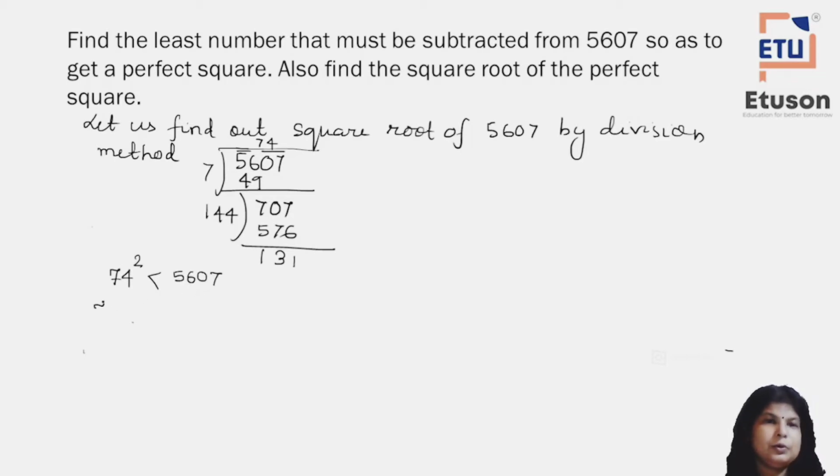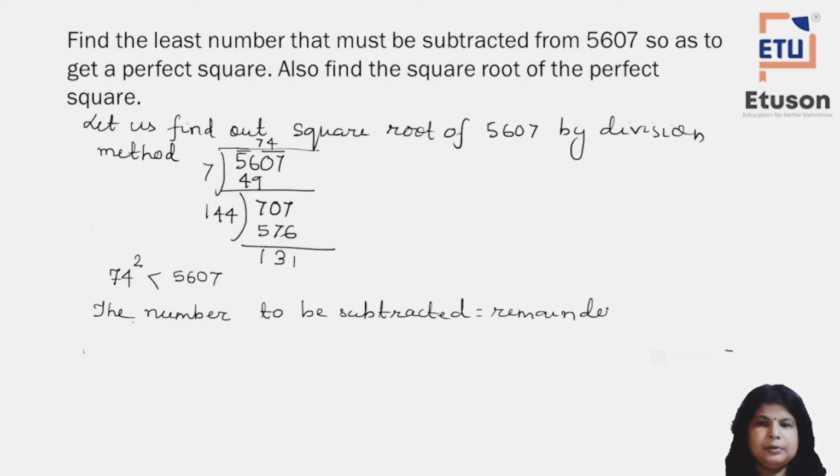Okay, so the number to be subtracted is equal to the remainder, that is equal to 131. So the number will be 5607 minus 131, that is equal to 5476.